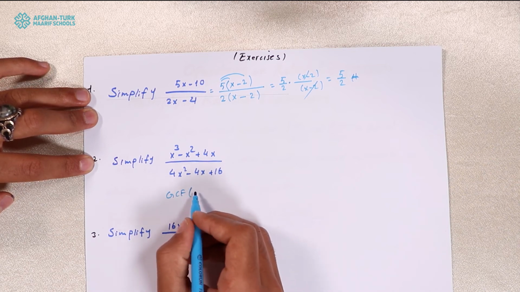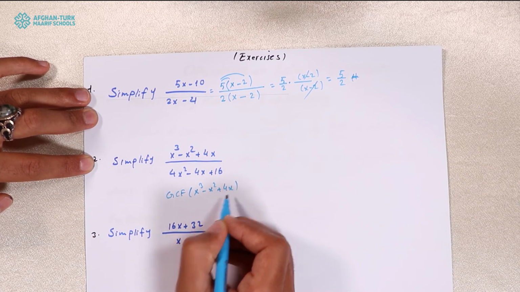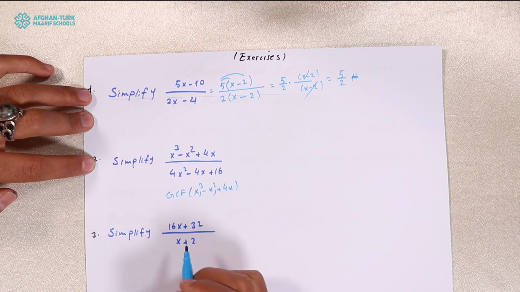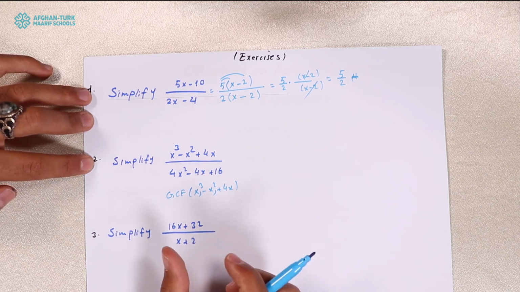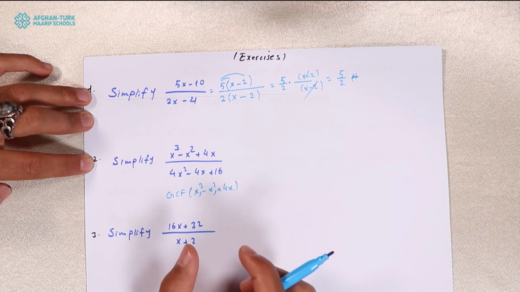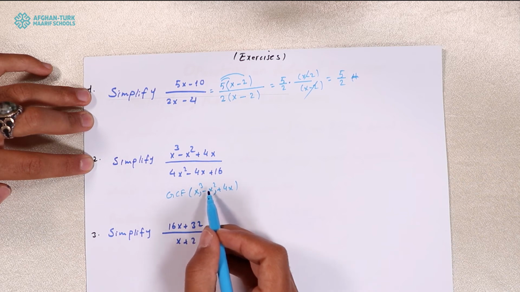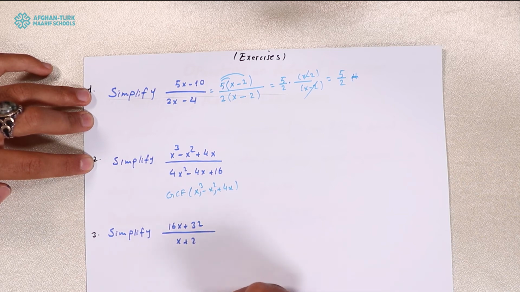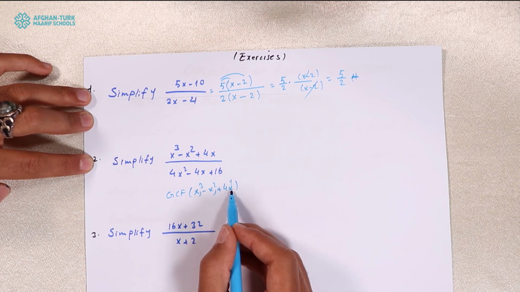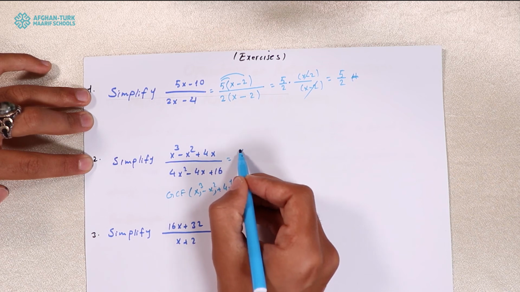The greatest common factor of x cubed minus x squared plus 4x: you have to take the variable with the lowest power. So x cubed, x squared, and 4x. The greatest common factor of each of them is x, because it has the lowest power.